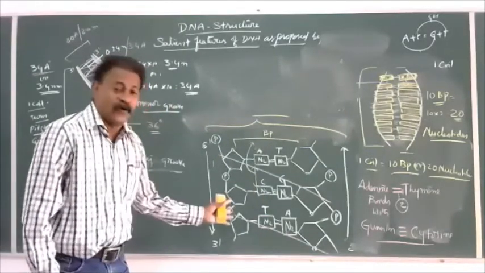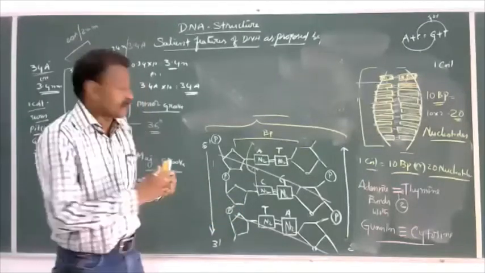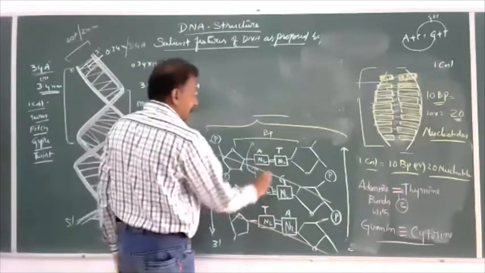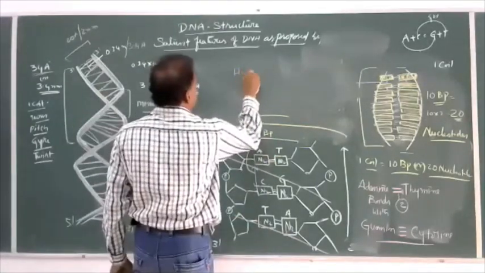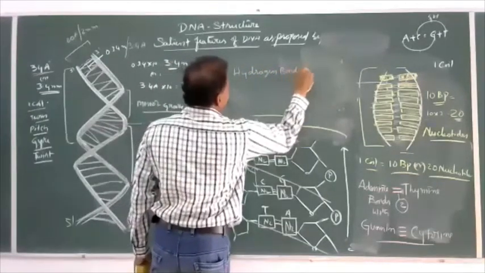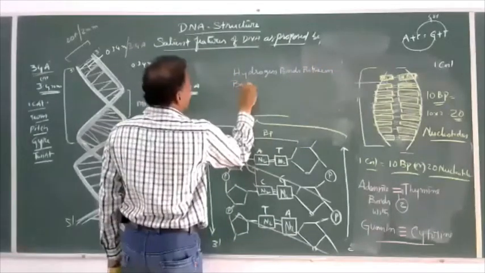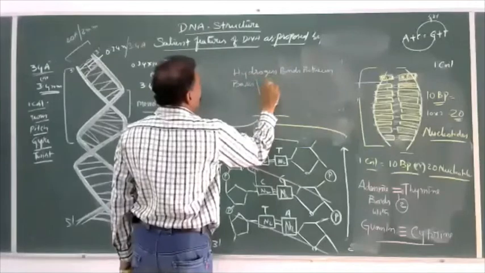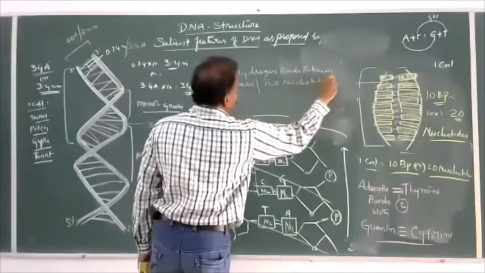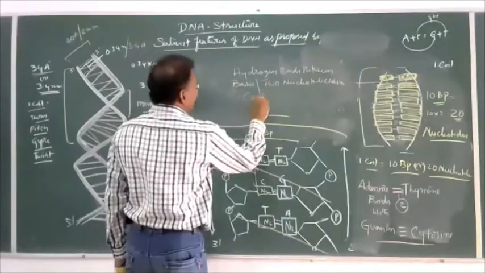And how does this DNA have stability? Which of the components confers stability to the DNA? The hydrogen bonds between bases of the two nucleotide chains confer stability.